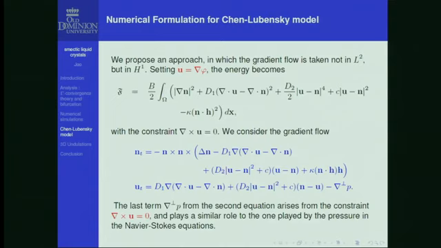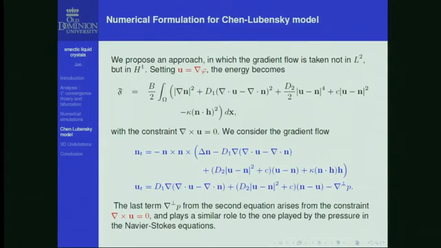So setting U as grad phi, you can have this. Of course, the fourth order derivative becomes a second order derivative, but the price we pay is a constraint. We do have this constraint now because U is grad phi, so curl of U has to be 0.